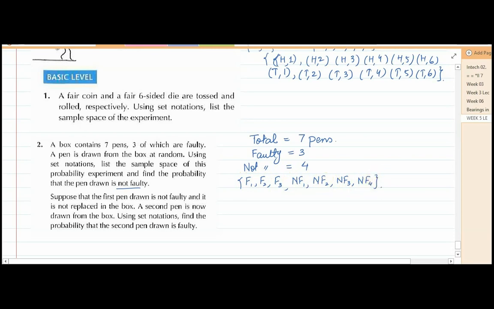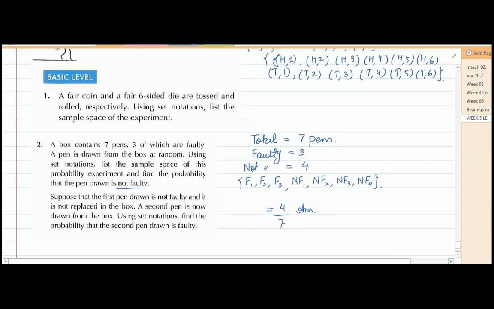So there are 7 possible outcomes that you can get when doing this experiment. You need to find the probability that the pen drawn is not faulty. Now there are 4 chances that a pen drawn is not faulty, so it will be 4 divided by the total number of pens, 7. So that is your answer of the first part, the probability of a non-faulty pen.